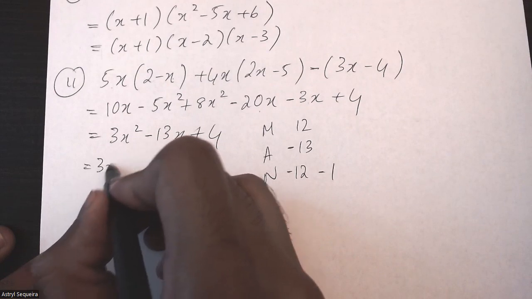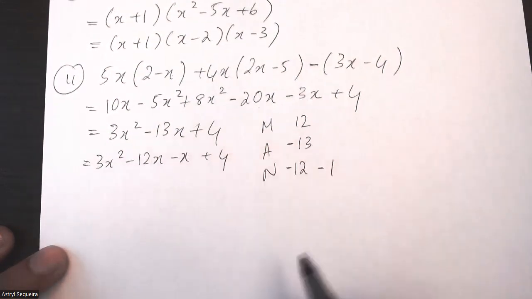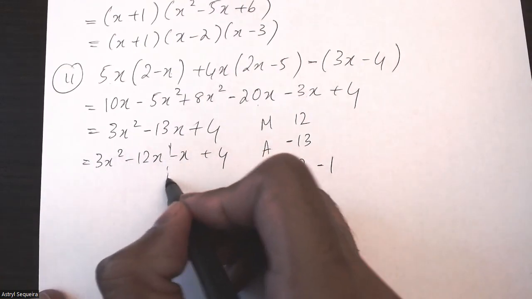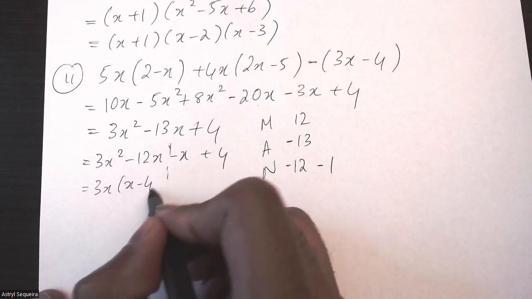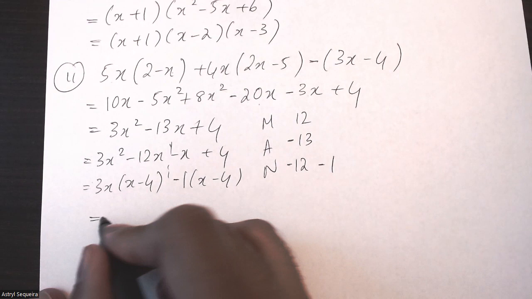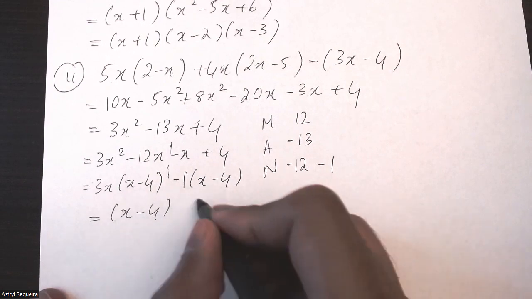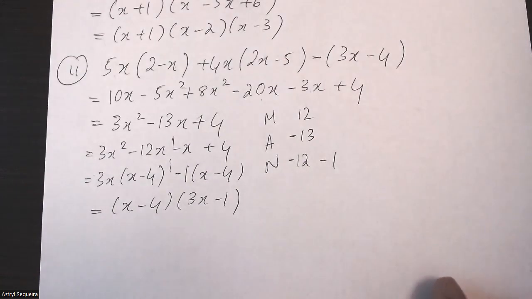So I'll break down my middle terms into negative 12x minus x plus 4. I'll factor by grouping. So common factor here is 3x, x minus 4. Common factor here is negative 1, x minus 4. And then my final solution is x minus 4 times 3x minus 1.